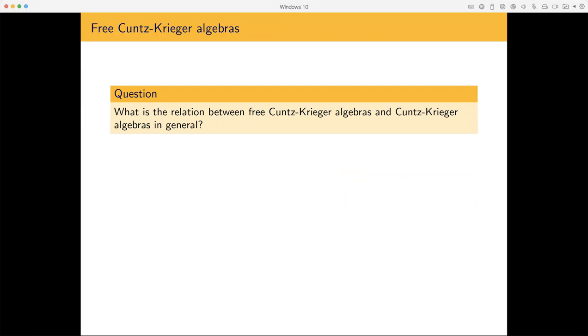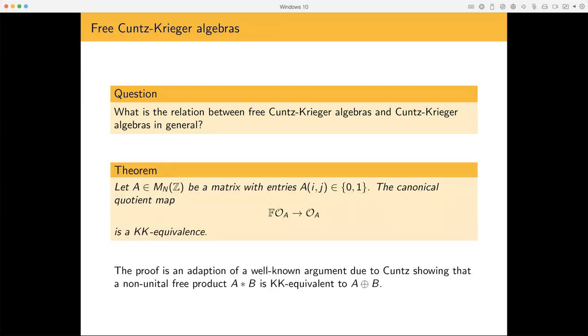Sometimes there is a kind of free product versus direct sum relationship. What we can say is that there is always a quotient map. In the Cuntz-Krieger algebra, you just add more relations. So there is an obvious quotient map, and at least at the level of K-theory, that doesn't change things. More precisely, this map is a KK equivalence, if you're familiar with KK.